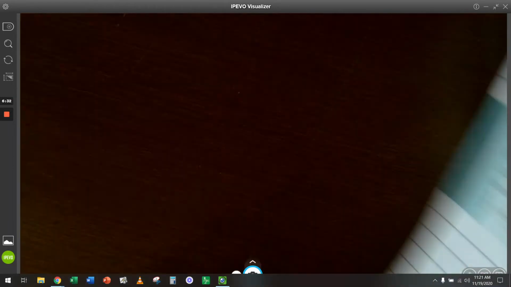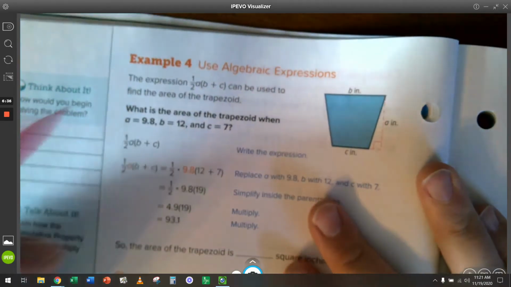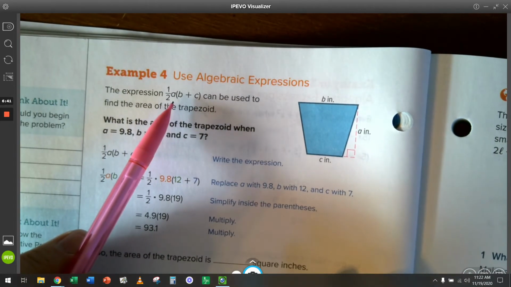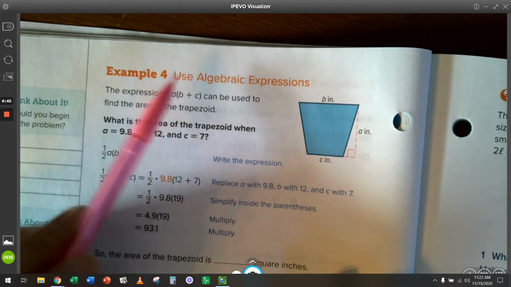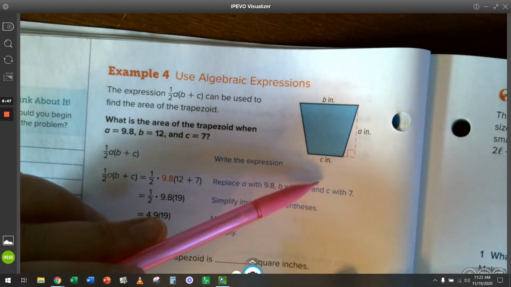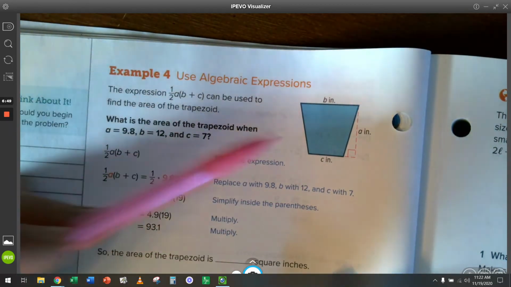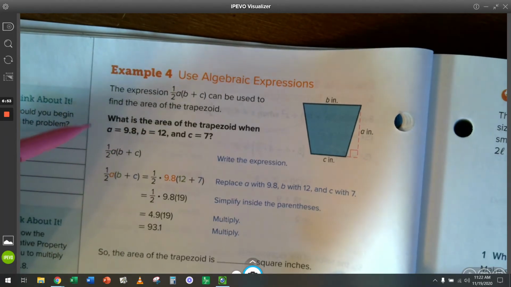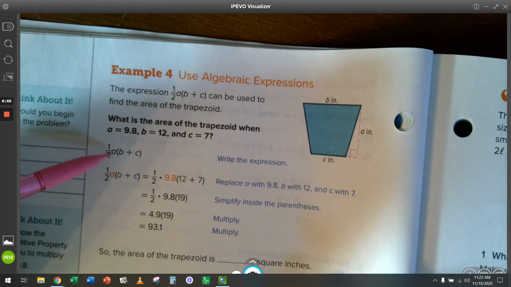Let's turn the page to 290. So here we have a trapezoid. We've talked about how the expression 1/2 the height times the bases added together can be used to find the area of a trapezoid. So let's plug in the values to each of these places.